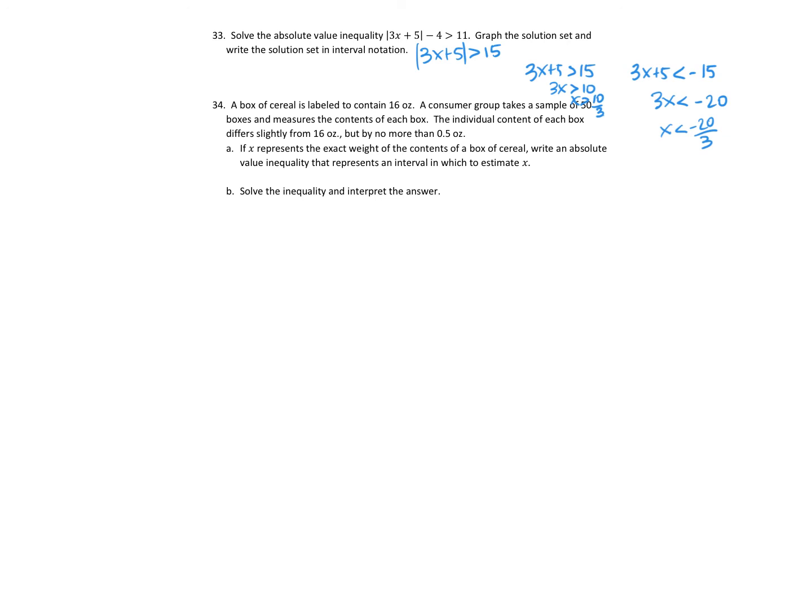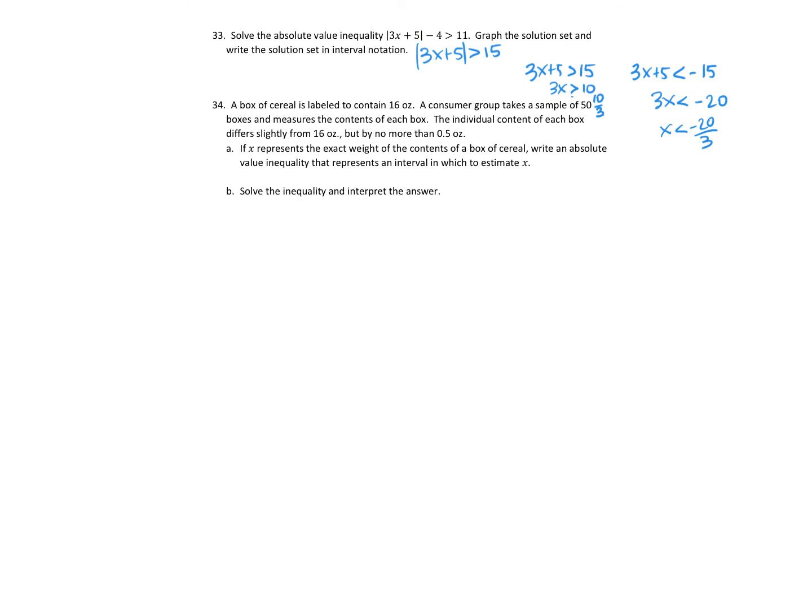Okay, so 34. A box of cereal is labeled to contain 16 ounces. A consumer group takes a sample of 50 boxes. Is that what this is, 50? Let me erase that. Yeah, 50 boxes, and measures the contents of each box. The individual content of each box differs slightly from 16 ounces, but by no more than 0.5 ounces.